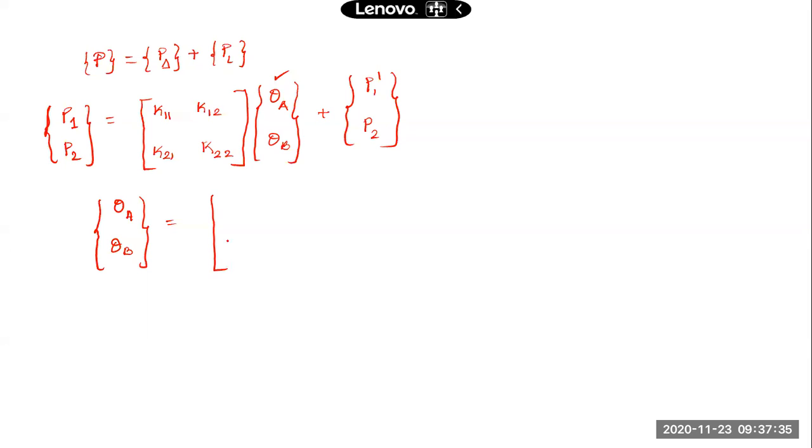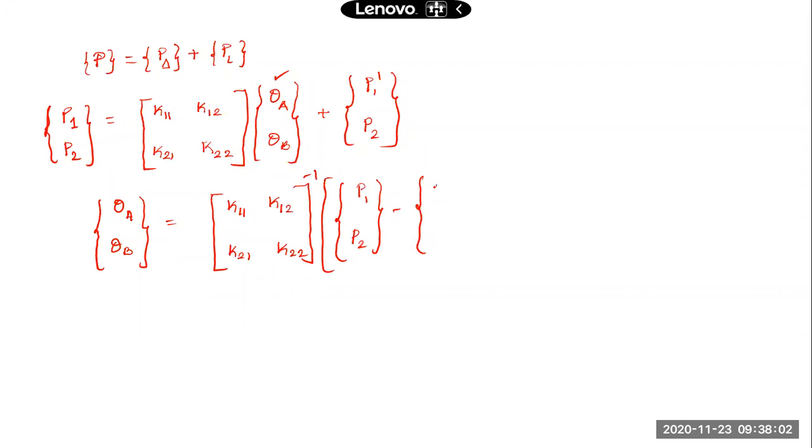It will be equal to K inverse into P, that is P1 and P2, minus P dash, P1 dash and P2 dash.